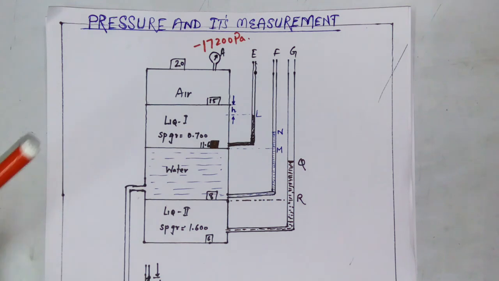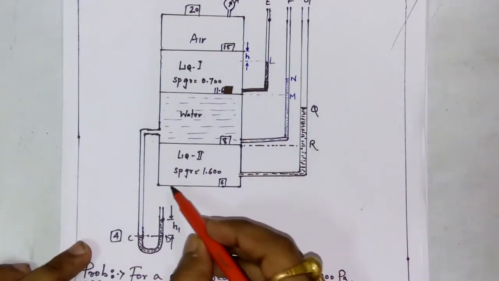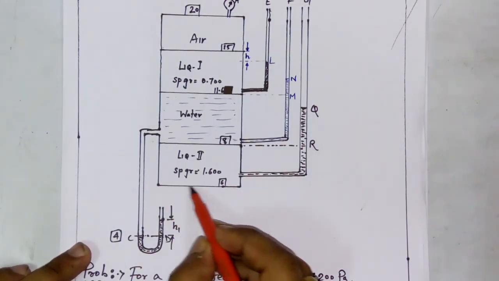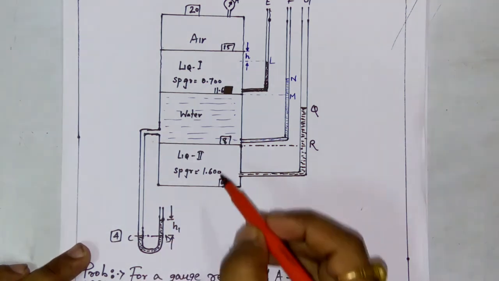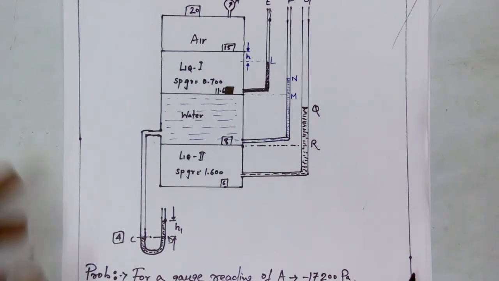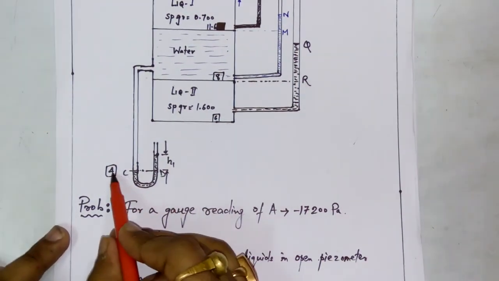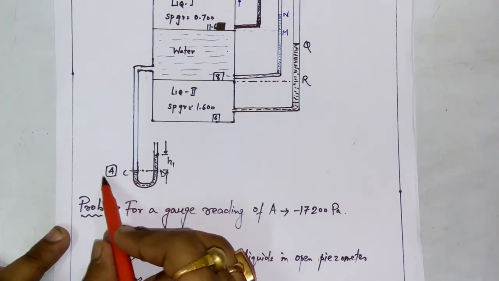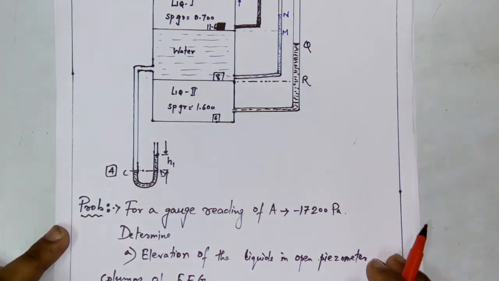So we will start solving this problem, and these values 20, 11.6, 8, 6 are nothing but the elevation, the height given. Suppose this 6 means that this point or region is at an elevation of 6 meters from some datum level. This level 4 means this is at a height of 4 meters from some datum level.